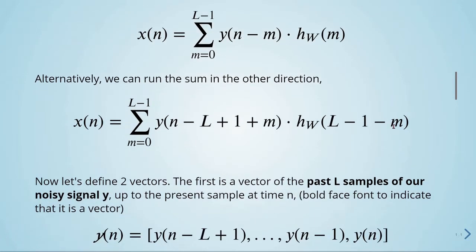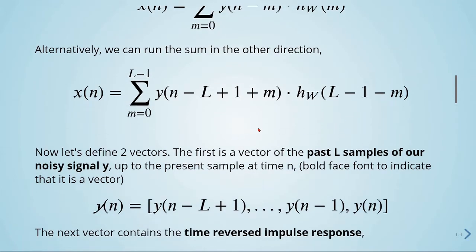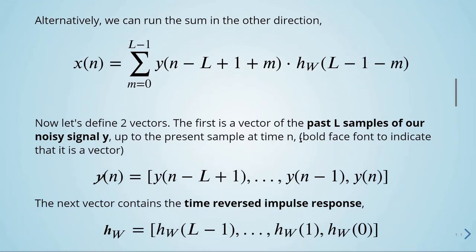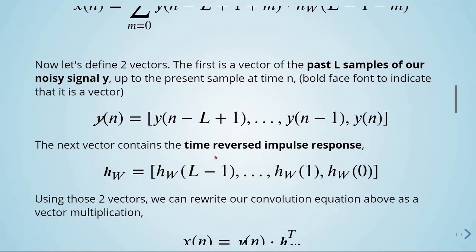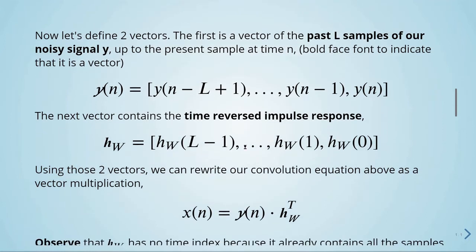Now let's define two vectors. The first is the vector of the past L samples of our noisy signal y up to the present sample at time n. The bars here indicate that it's a vector. The next vector contains the time-reversed impulse response h_w.